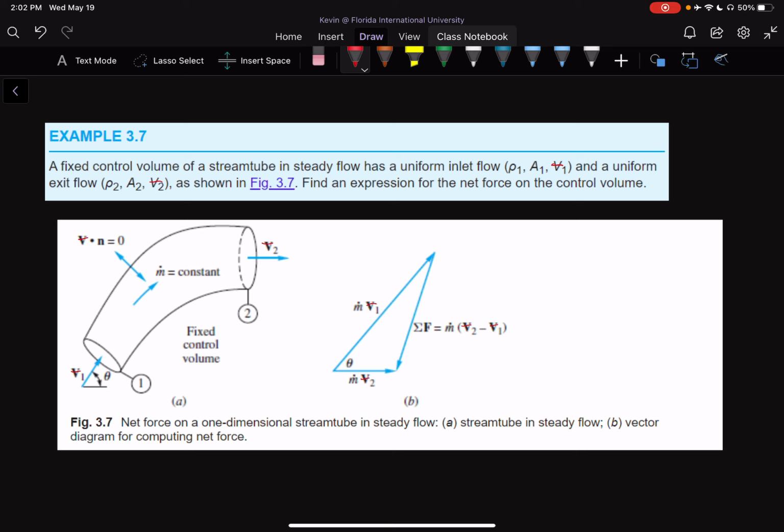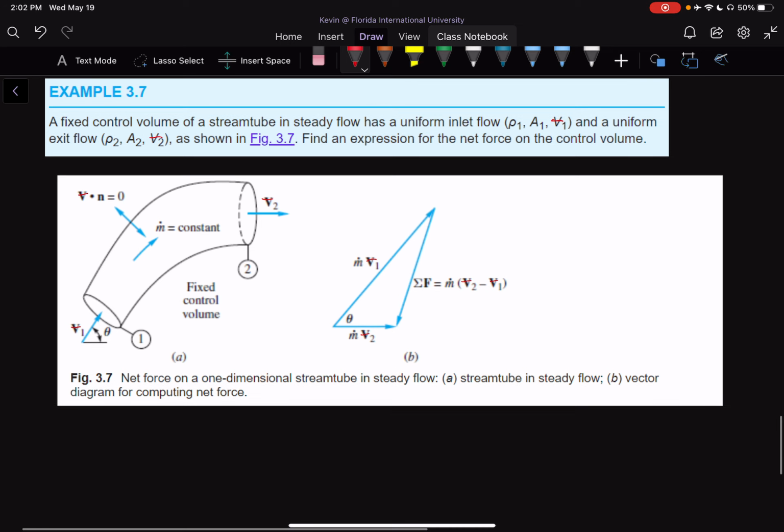Now, we're going to look at this and try to figure out the net force. So the first thing we can do is write our general equation for this system. We know that we have uniform inlet flow, which will help us understand what's happening. So the assumptions that we can make from this question are the following.